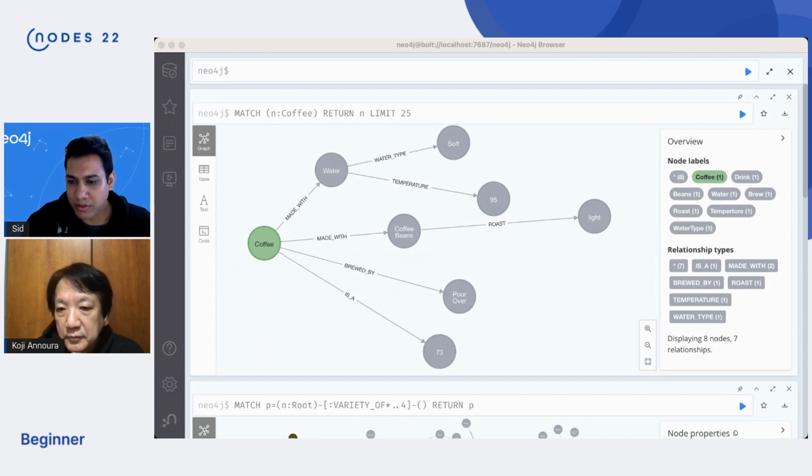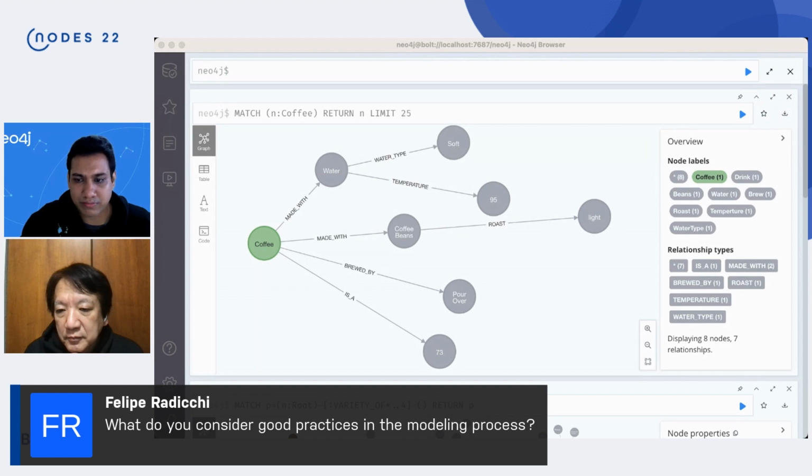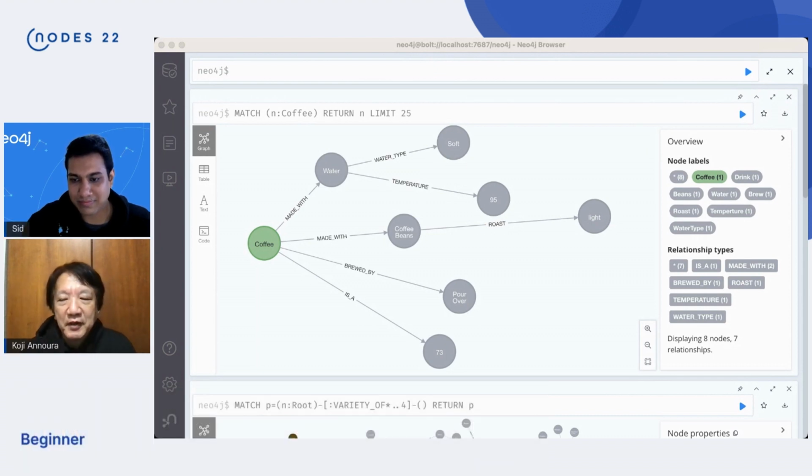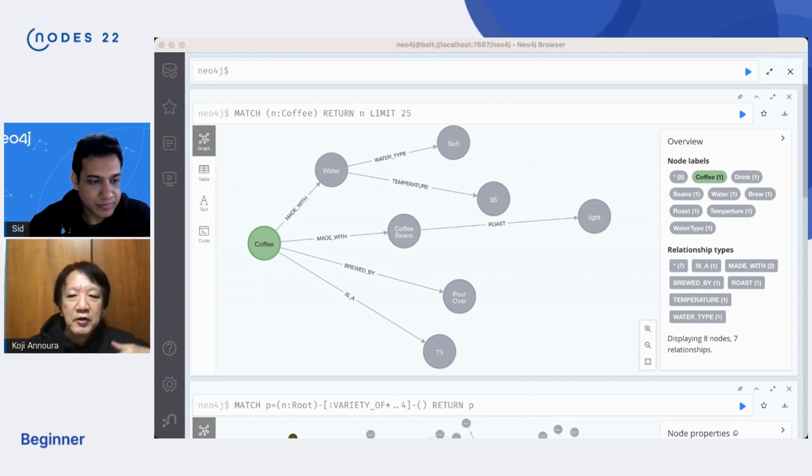The next question is by Philip. What do you consider good practices in the modeling process? The tasting graph, the coffee beans graph is one. Making a graph is really important. Then, temperature or water graph.